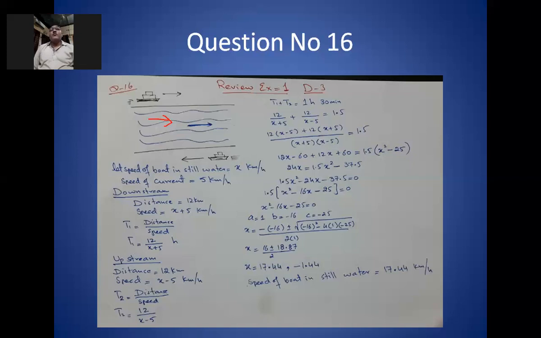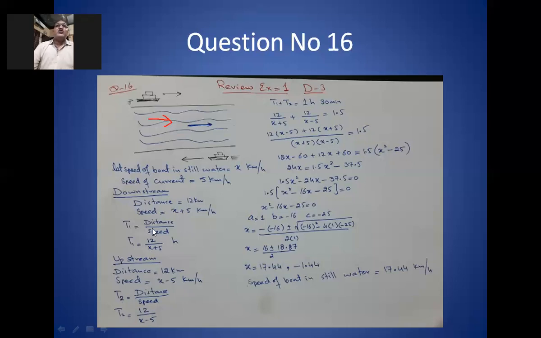Because you are moving against the water, the current will oppose you, so your speed will reduce to x minus 5 kilometers per hour. So the time taken this time will be 12 divided by x minus 5. This is T1 when you move downstream, and this is T2 when you move upstream.